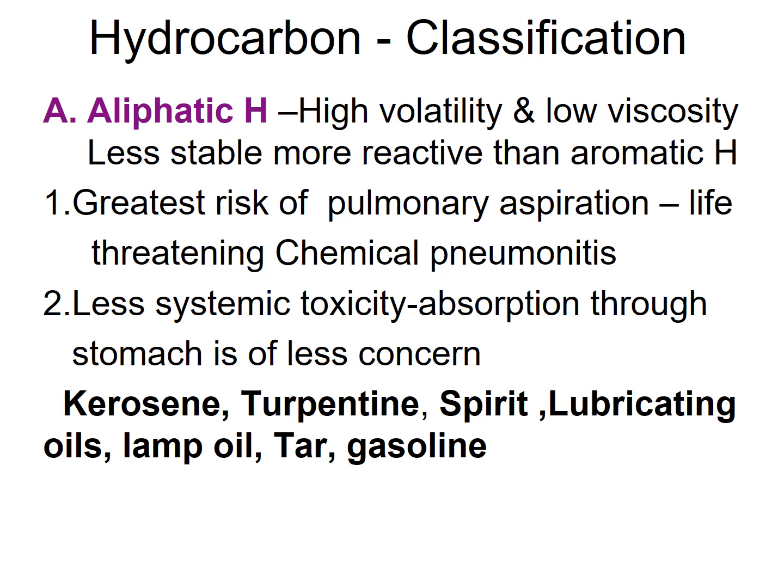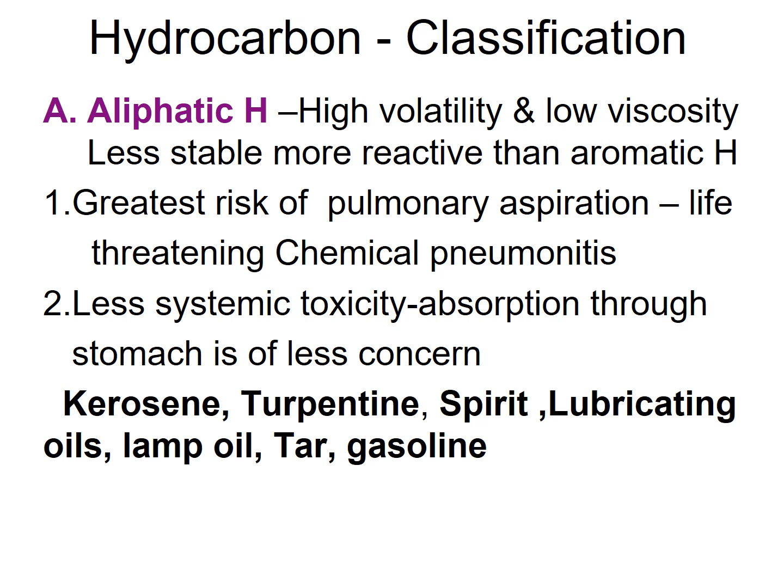And it is seen that aliphatic hydrocarbon has less systemic toxicity. That means absorption through the stomach is of less concern. So usually in aliphatic hydrocarbon poisoning, we do not do gastric lavage or emesis because there is a high chance of aspiration when you do these things.